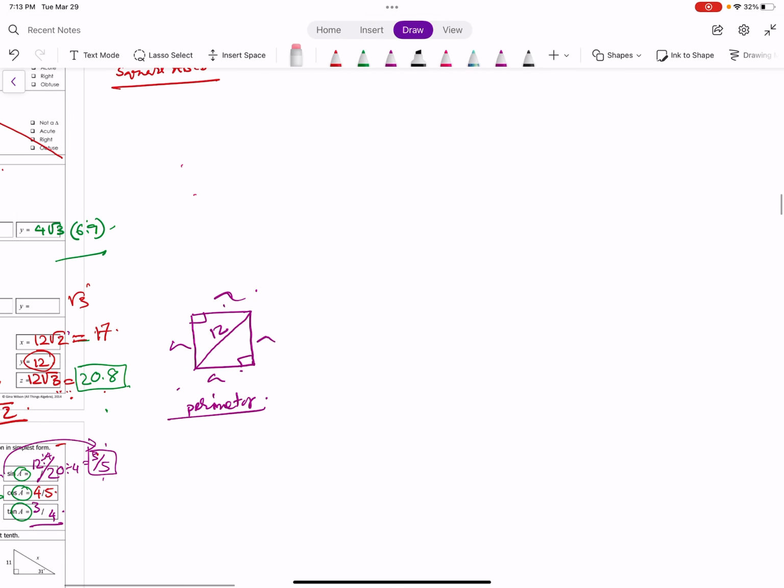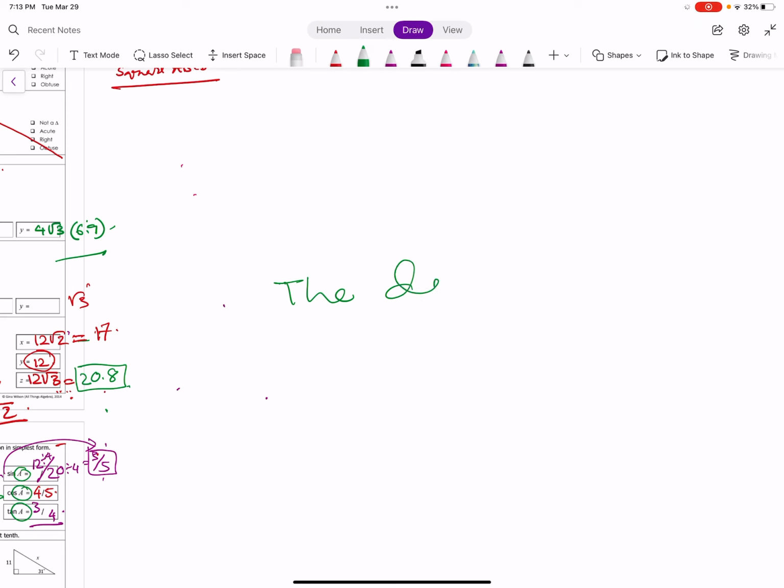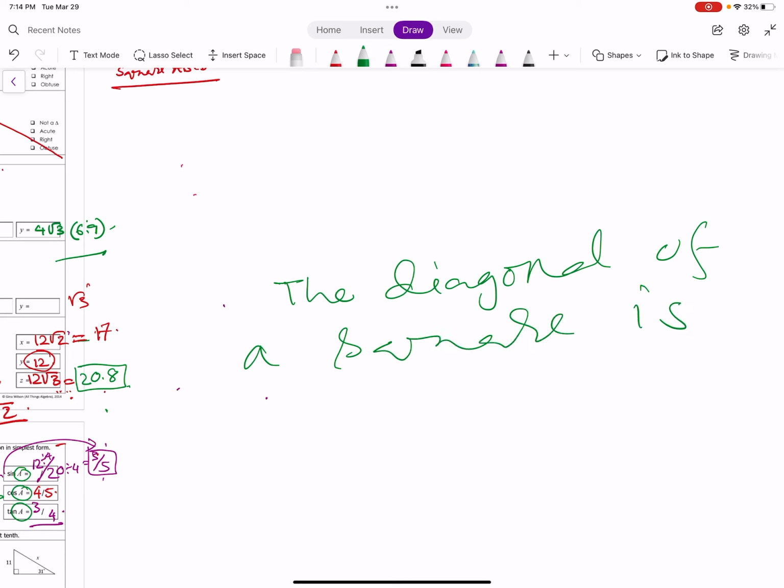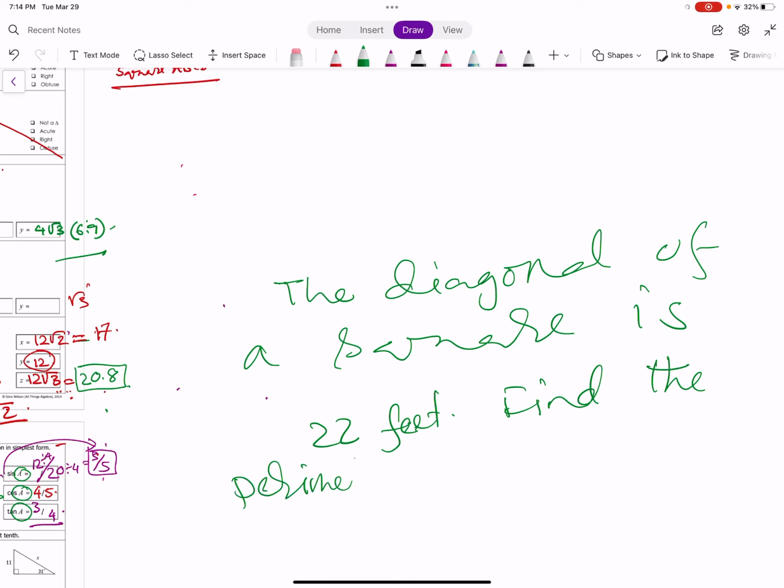Let me say, if I give you the perimeter of a square, if it is said that the diagonal of a square is, let's say, 22, find the perimeter of the square.